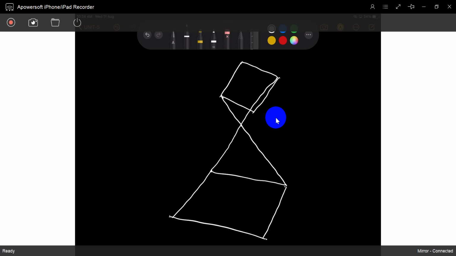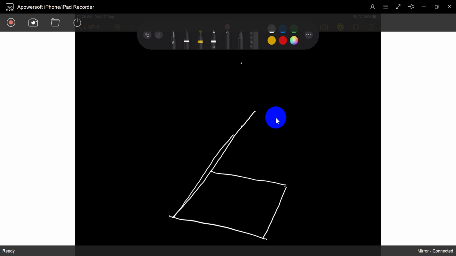Once again I draw like this now. What is this? What is this? See, I can't draw.